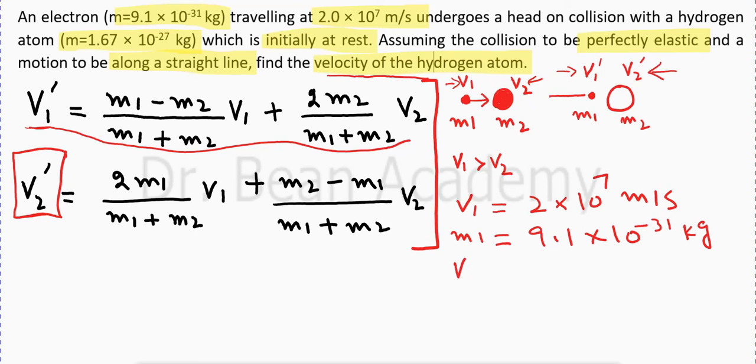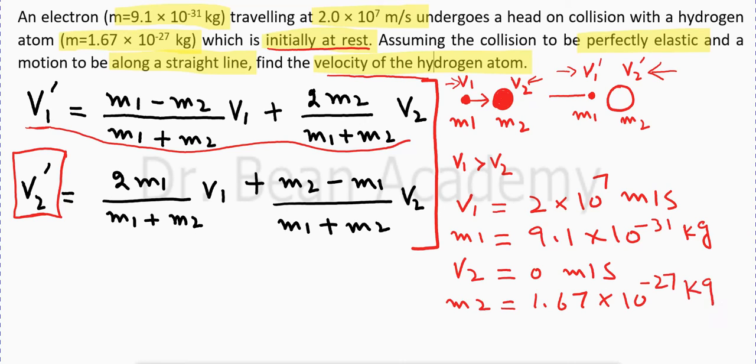Similarly, velocity v2 is 0 meter per second, because they told us that the hydrogen atom was initially at rest, which means its velocity was 0. And then mass m2 is also given, the mass of the hydrogen atom, it's 1.67 × 10^-27 kilogram.